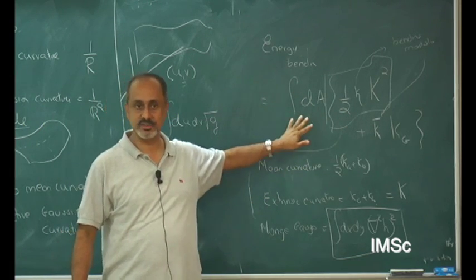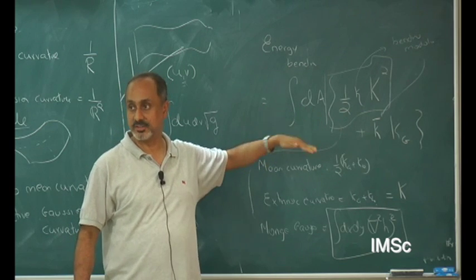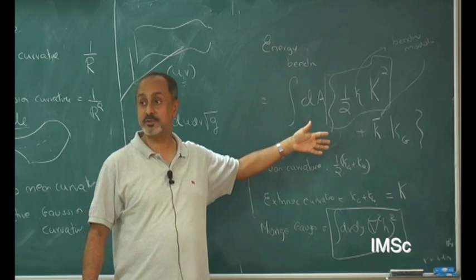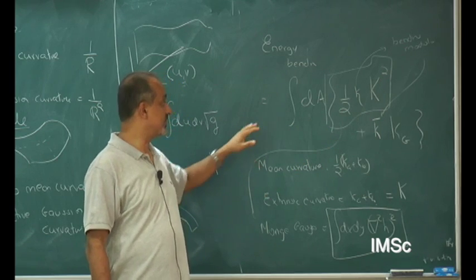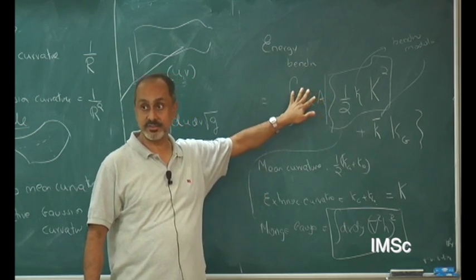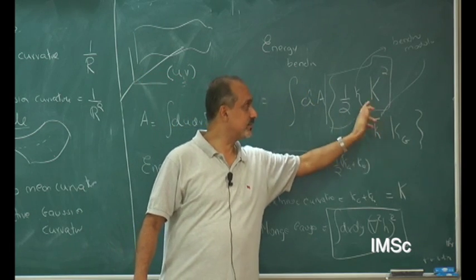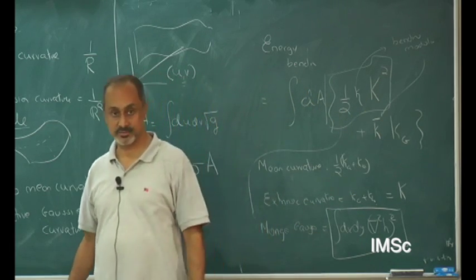All we need to know is that here is a surface. If I tell you R of u and v, you know what the surface is. From the specification of R of u and v, you can calculate things like the metric and therefore find out the energy, the total area of that surface. But you can also understand the curvature associated with every point on the surface.